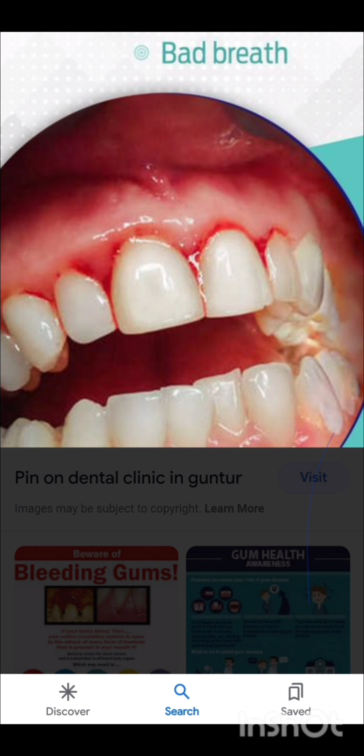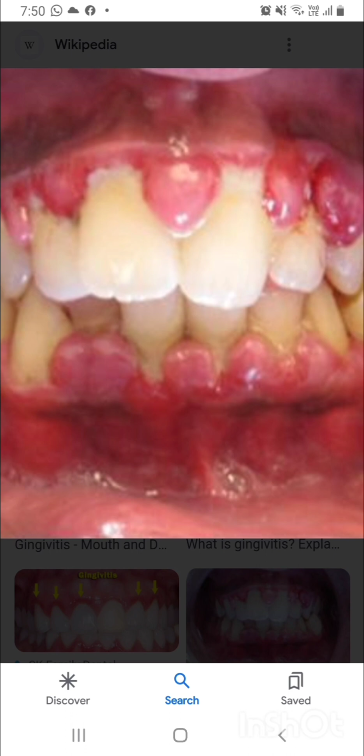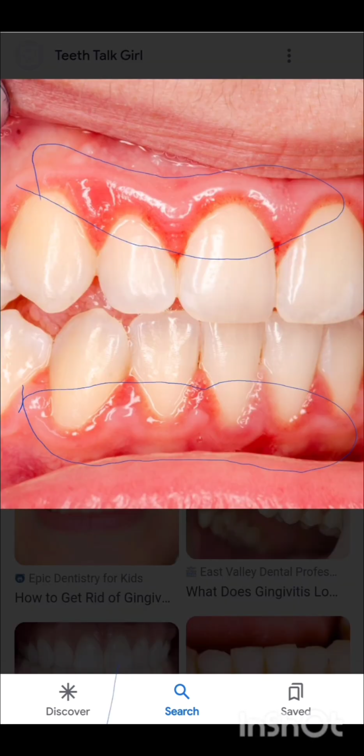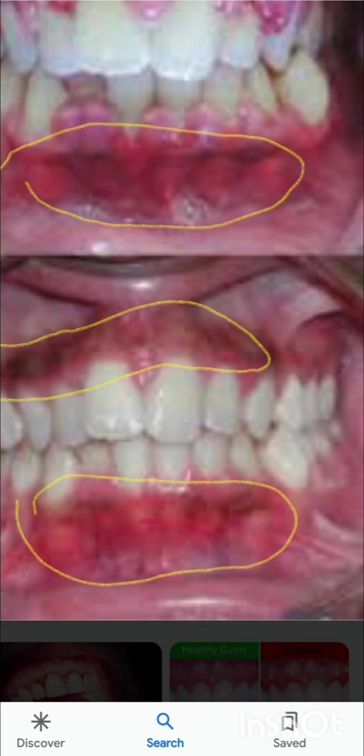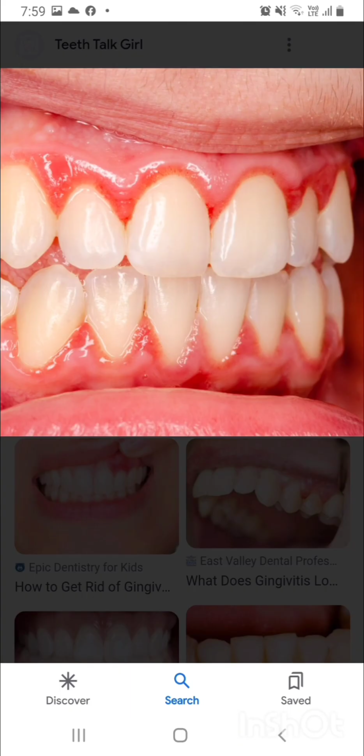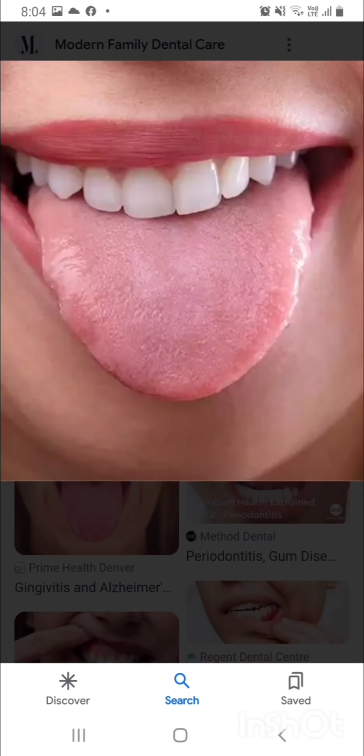When you brush, there is blood, or sometimes when you touch around the base of the teeth, the gum bleeds. Okay, and another sign of gingivitis is bad breath. Okay, so those are the signs and symptoms of gingivitis.